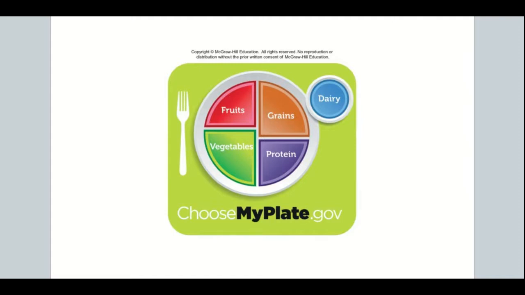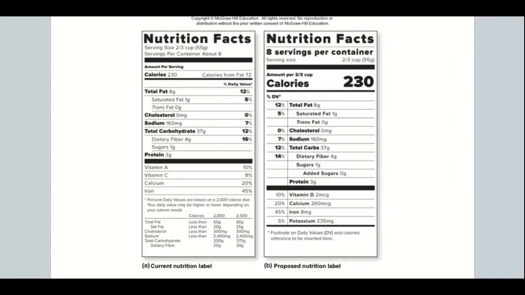The next part of section 27.4 is nutritional food labels. I think everybody knows what food labels look like. What is important when you go shopping and look at these labels is that the calories that we see here are per serving.